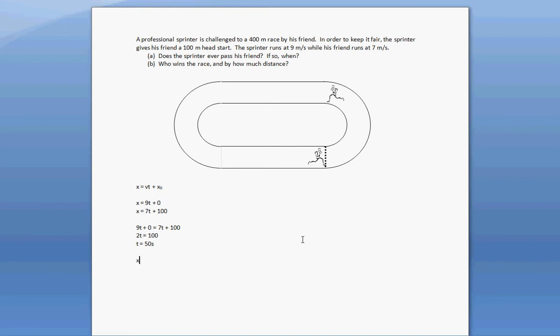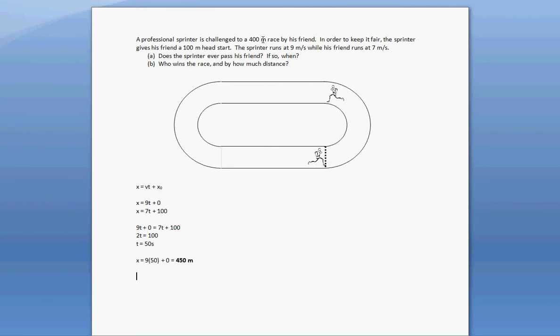Well, his position is determined by x equals velocity times time plus 0. Only we know the time now, we're going to say it's 50 seconds. And that is equal to 450 meters. So this is the position where they meet, where he catches his friend.